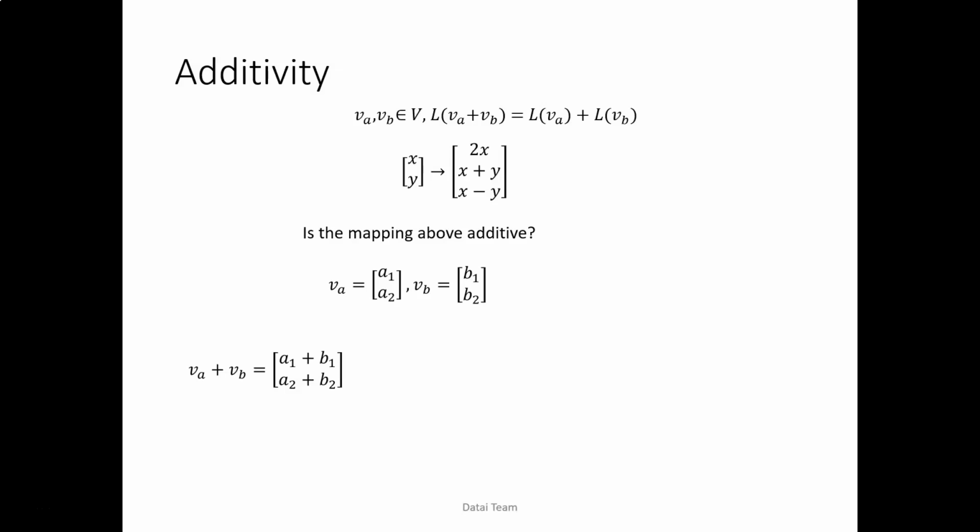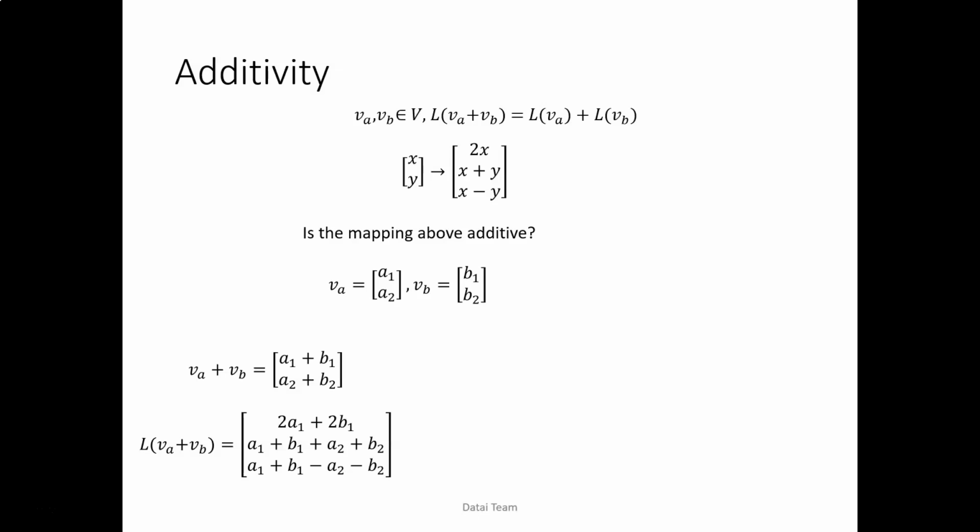Our first component is 2X, the second is X plus Y, and the third is X minus Y. We get 2A1 plus 2B1, just multiplied by 2, and with X plus Y, so with A1 plus B1 plus A2 plus B2, and we also have A1 plus B1 minus A2 minus B2 as our last dimension.